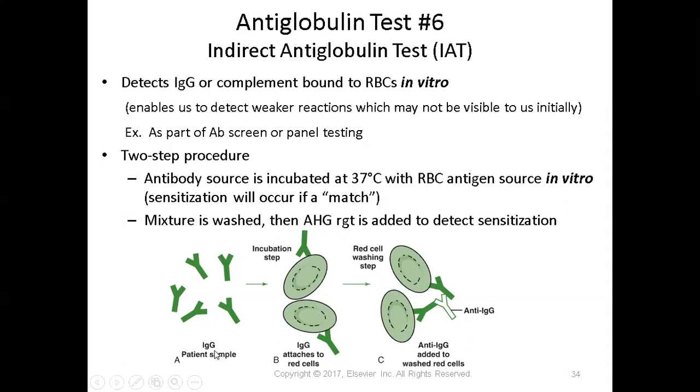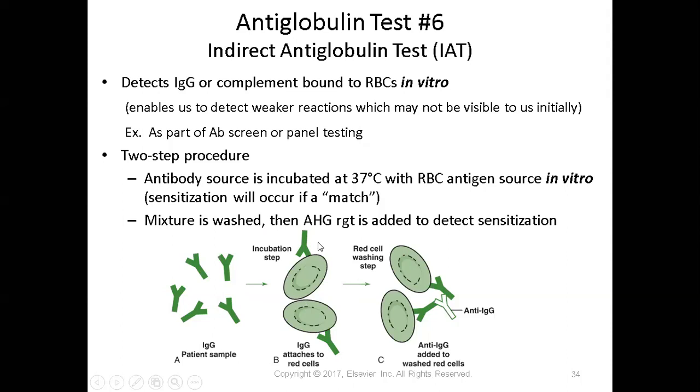So maybe we have our patient sample that has some IgG antibodies, and we're adding our patient's serum or plasma with some type of red cells, maybe screening cells, and we're incubating them, and we see that the IgG sensitization has occurred. However, we can't visualize this as agglutination because there's no cross-linking going on here.